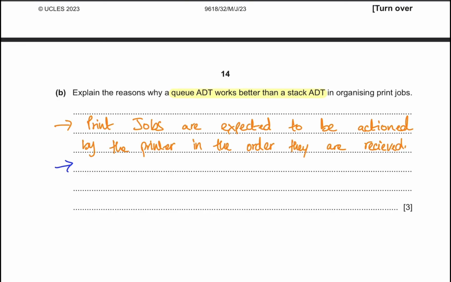Because in the printer, when you print the paper, it goes queue by queue. The printer queue is a queue, and the printer prints the paper one by one.